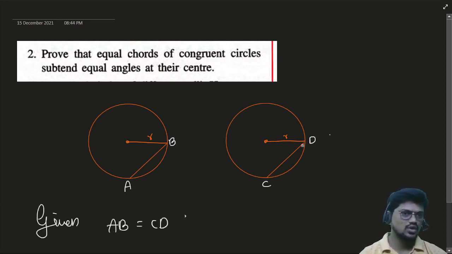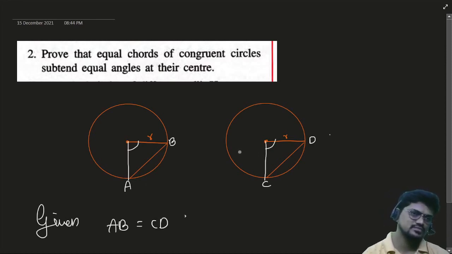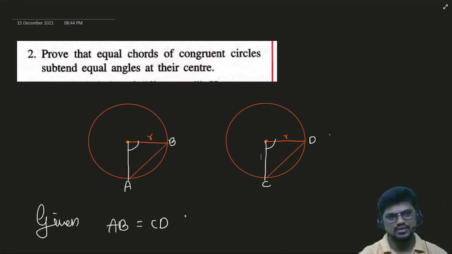And since the two circles are congruent, their radius will be equal only, no? Then the two triangles will be congruent by SSS test, and these two angles will be equal by CPCT. Got it, or you want me to write the whole proof? Understood. Okay.